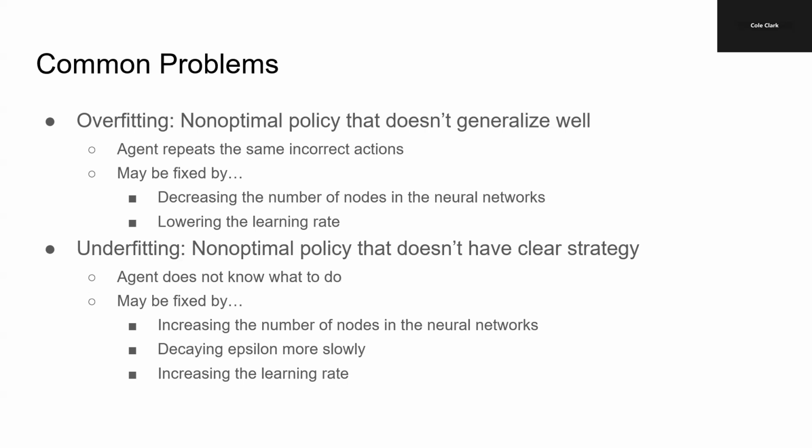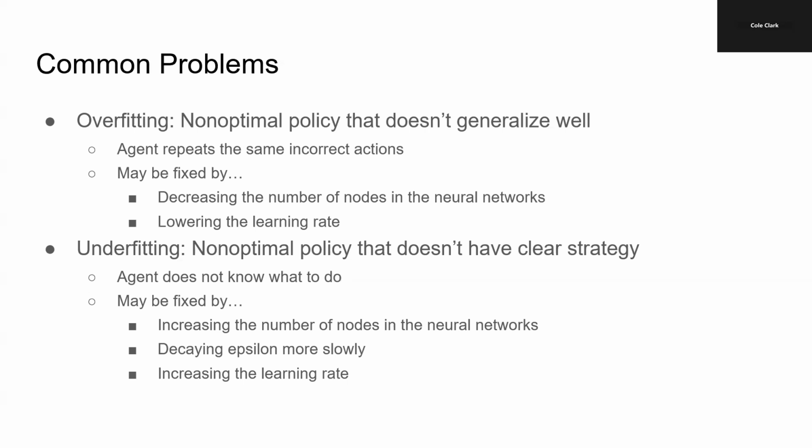Underfitting happens when the agent does not have a clear policy. The agent may seem to make random moves even when the epsilon value is low. Underfitting can be fixed by increasing the number of nodes in the neural networks. This allows the agent to learn a more complex policy that fits the environment with more detail.